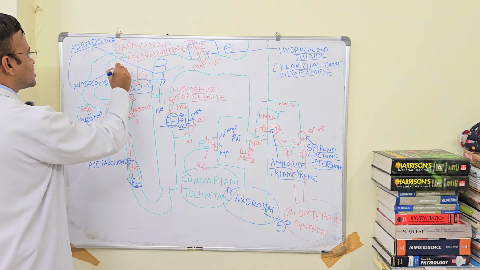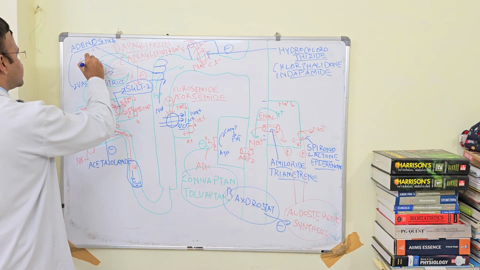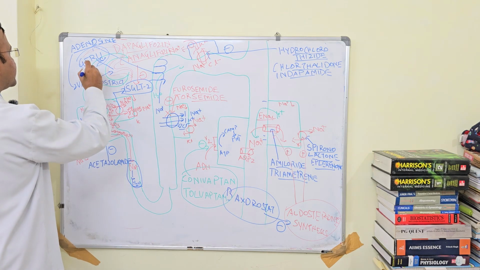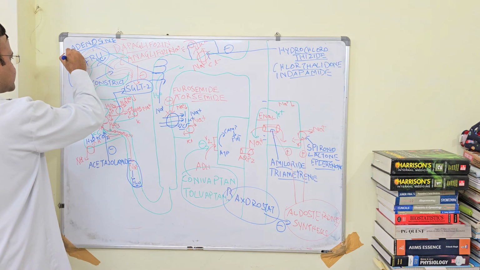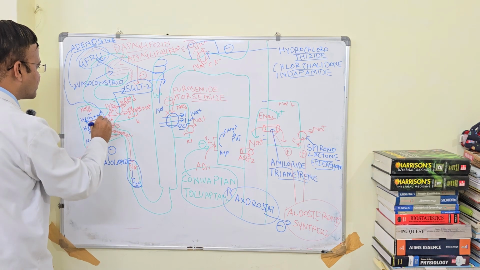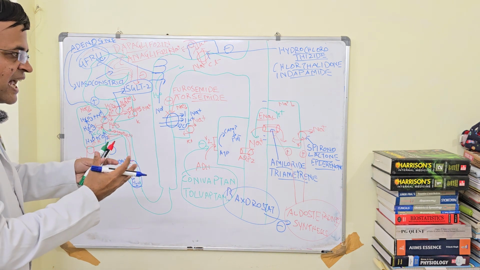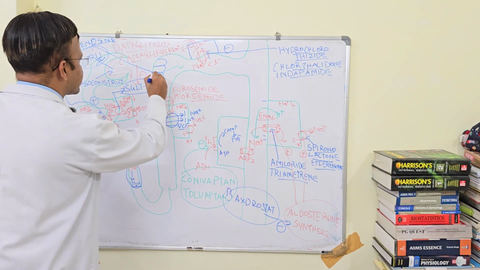By causing vasoconstriction, it will reduce your GFR. And what does adenosine further do? Adenosine increases the activity of your sodium hydrogen exchanger. So both these acts actually reduce the quantity of urine.